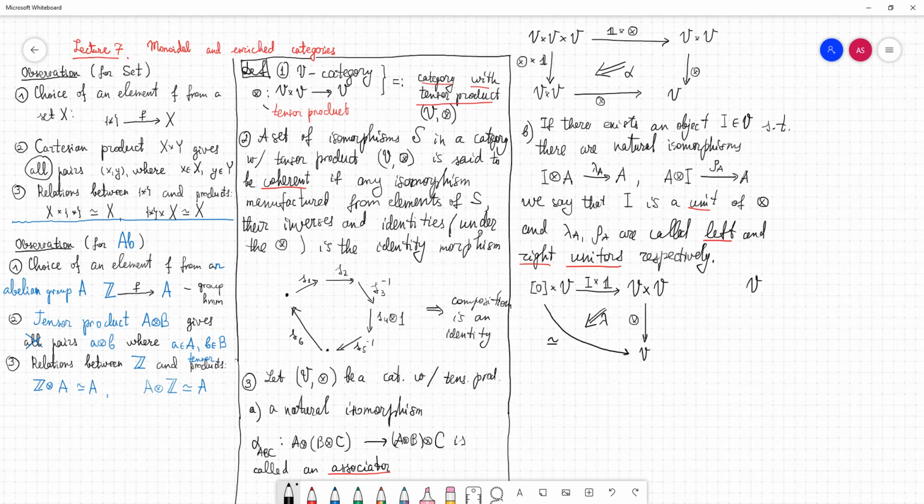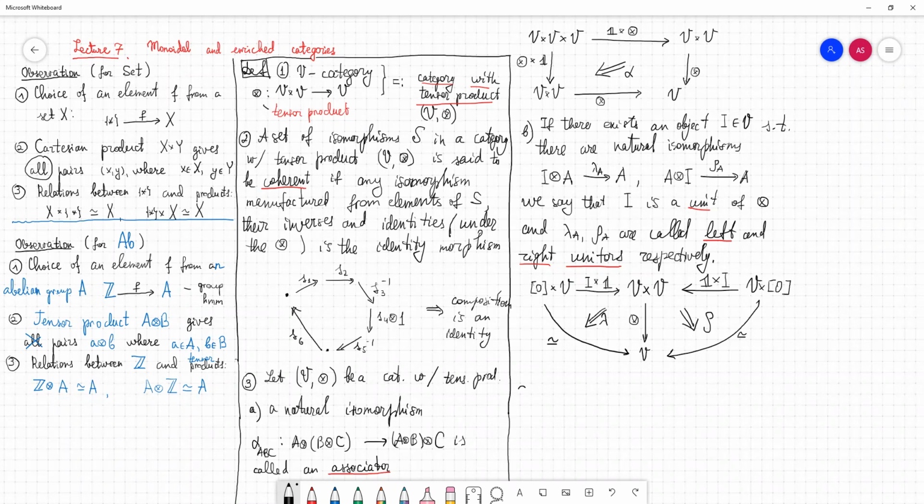Also, we have a symmetric right part where we pick up the identity in the second component. Here we also have an isomorphism, the natural isomorphism rho, filling this two-cell.